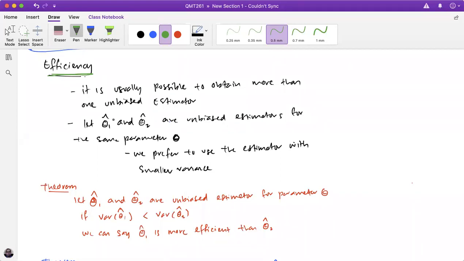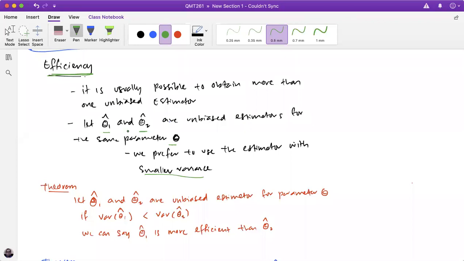Now look at this one. Let theta 1 hat and theta 2 hat be unbiased estimators for the same parameter theta. We prefer to use the estimator with the smaller variance. When you have two estimators, you check the variance.